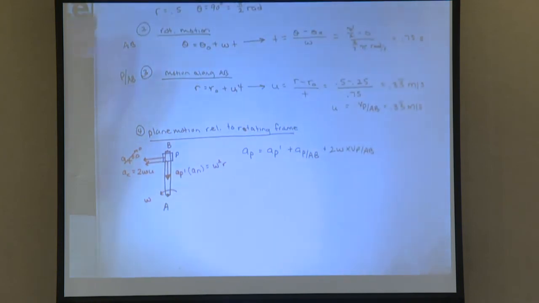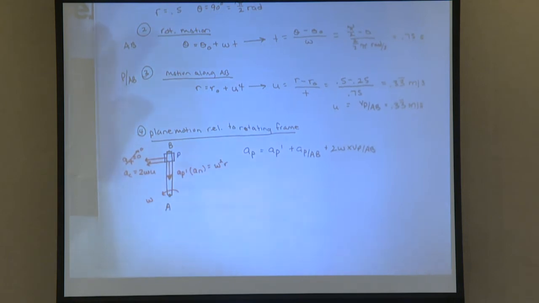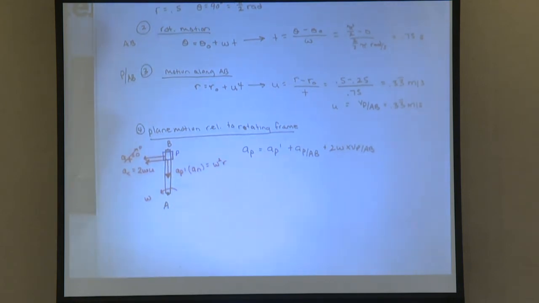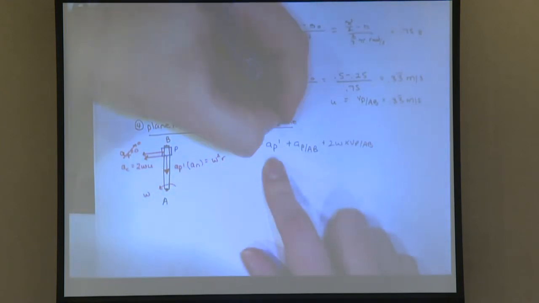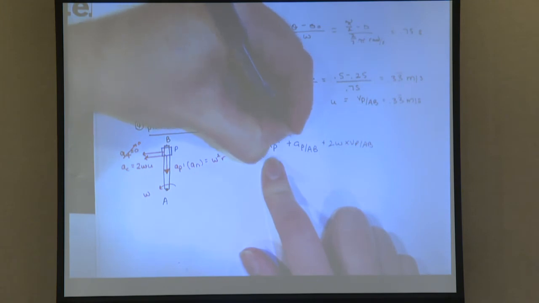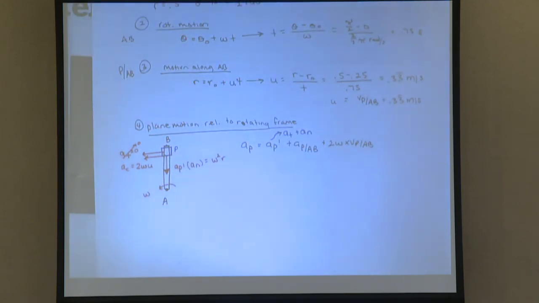So that's the equation that would probably be on your formula sheet. So AP prime, this component, is your AT plus your AN. But we said that AT was 0, right?